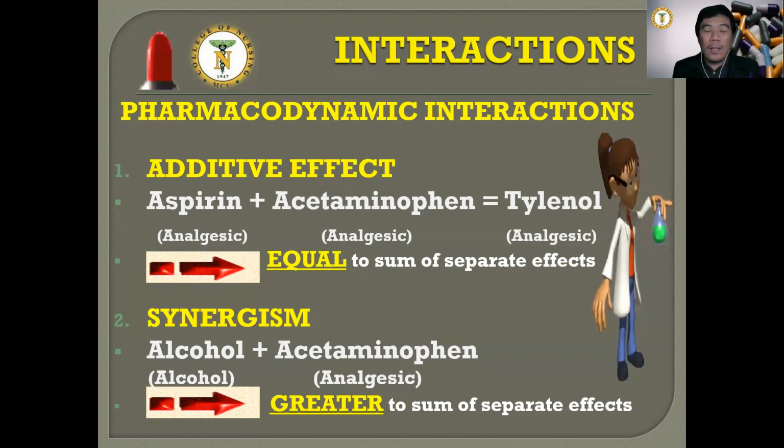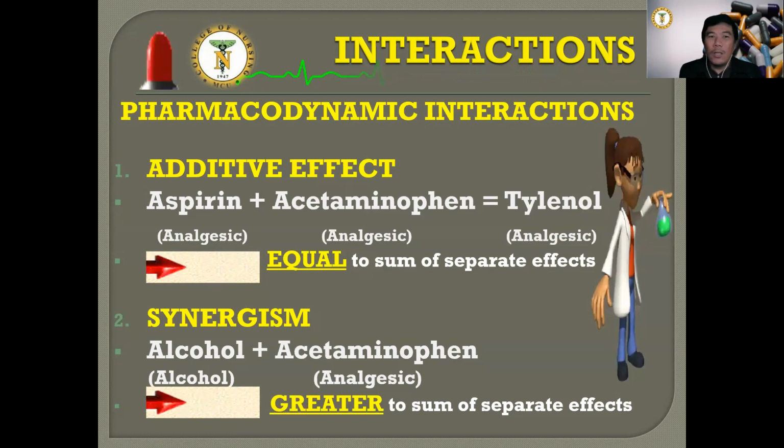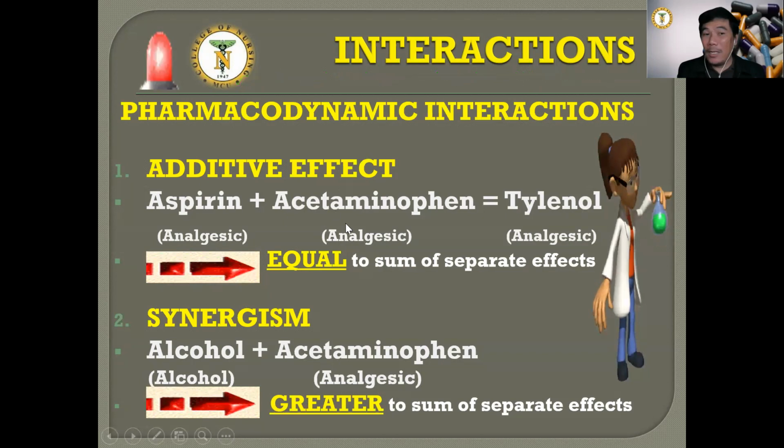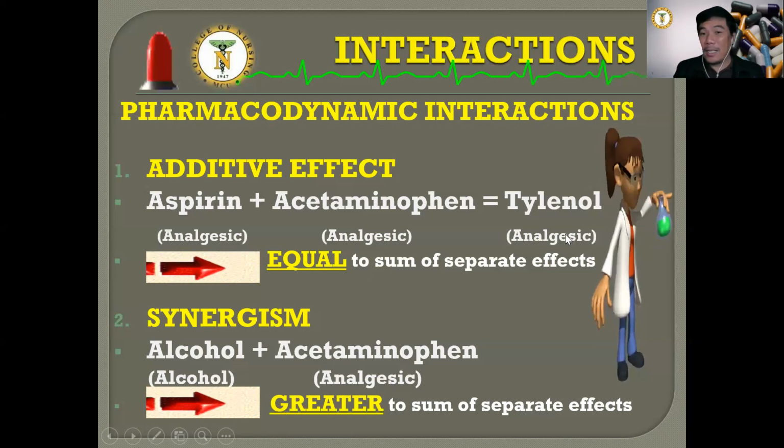Example, a drug that is mixed with analgesic plus alcohol. Drug that is mixed with analgesic and alcohol, mas greater yung effect. So what does it mean, sir? So pag additive effect, pinagsama yung acetaminophen na analgesic which mixed with aspirin will produce a Tylenol which is an analgesic then.